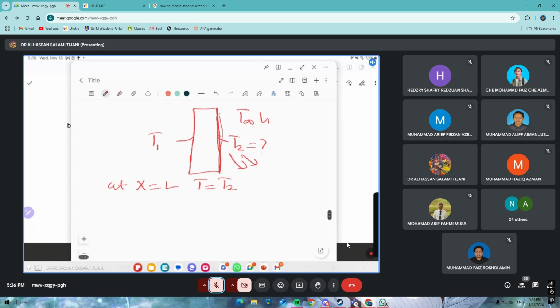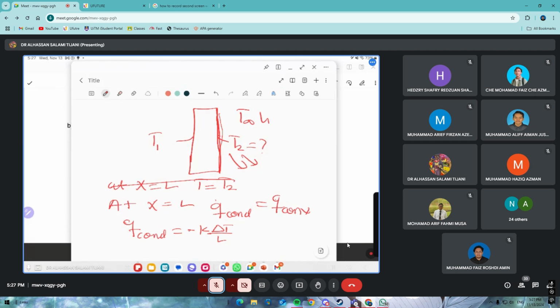So if you apply constant heat flux, we can say that at x equals L, we have Q conduction equals Q convection. All right, so Q conduction at that particular surface, x equals L, equals minus k dT over dx.